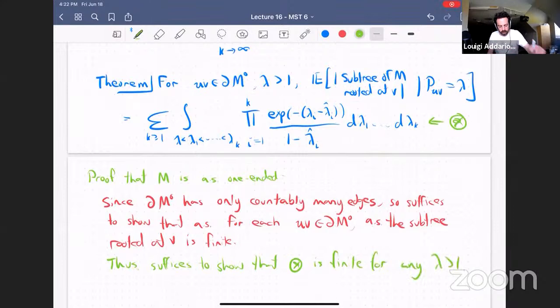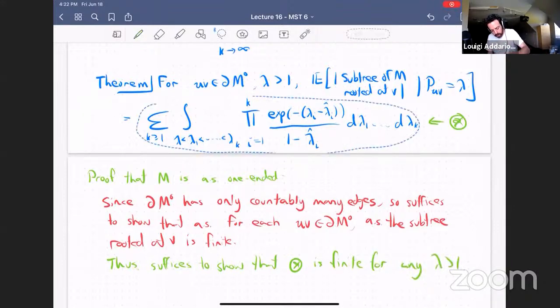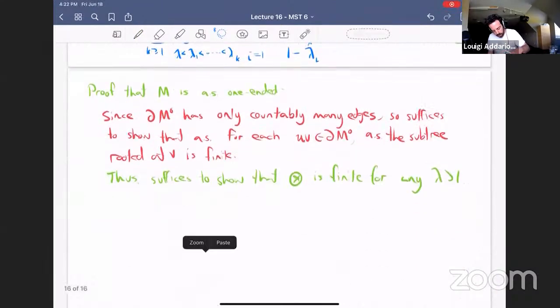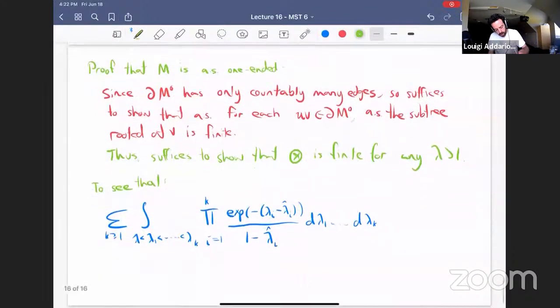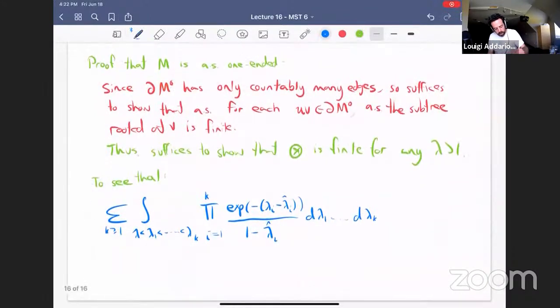Okay, and so let's just bound this. I'll start by writing this as an integral, symmetrizing, so that the lambdas don't have to be ordered, and that gains me a factor of 1 over k factorial.